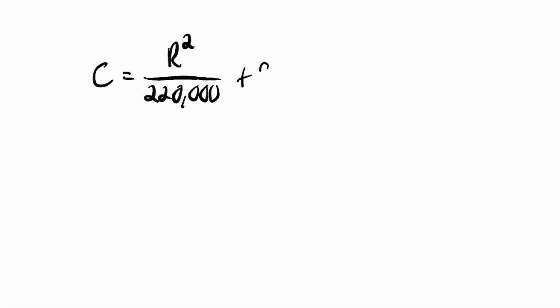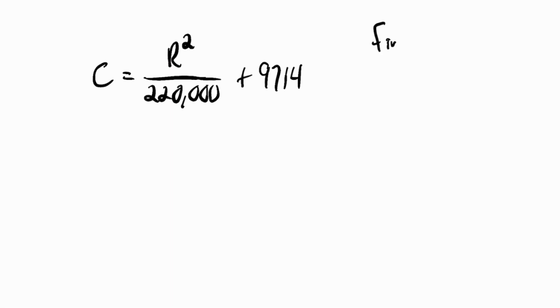From the production sale of X units, so X toasters or whatever they're making, are related by the equation C equals R squared over 220,000 plus, I'll make up a different number, let's say 9,714. Okay. And then it goes on to say, find the rate of change of revenue per unit.